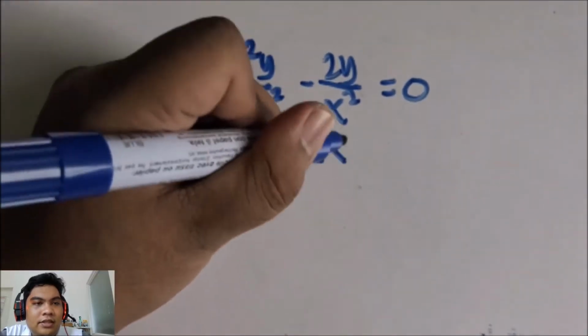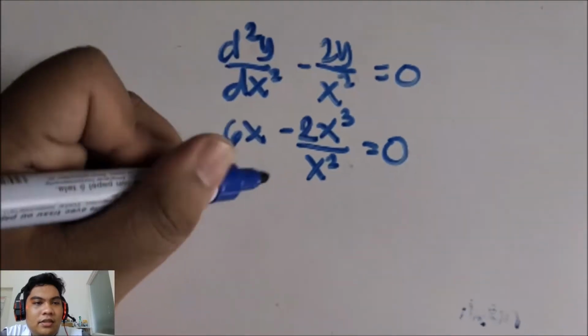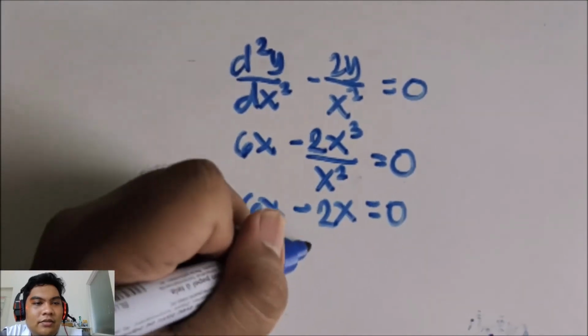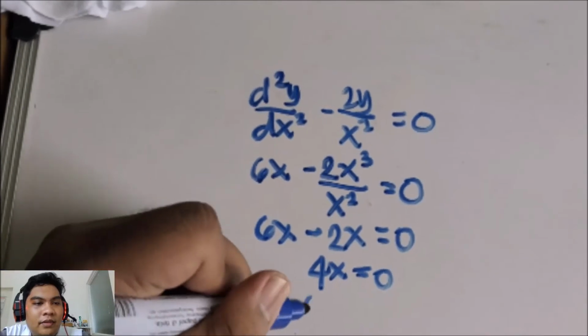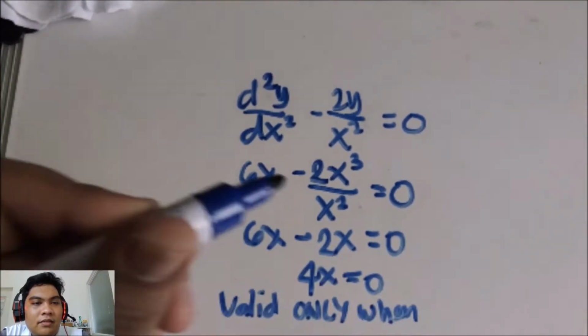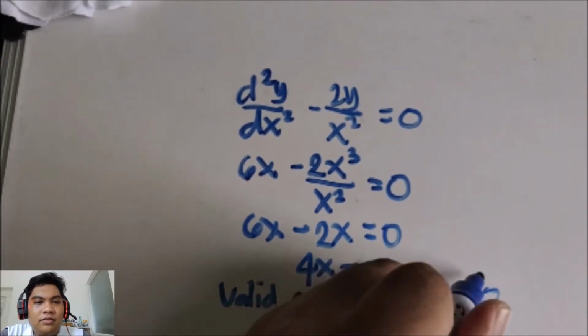That is equal to 6x minus 2x cubed over x squared equal to 0. Simplifying, we get 6x minus 2x equal to 0. Then 4x equal to 0, which is valid only when x is equal to 0.